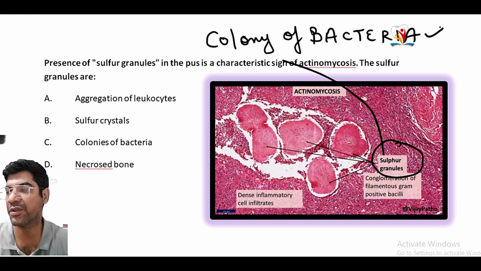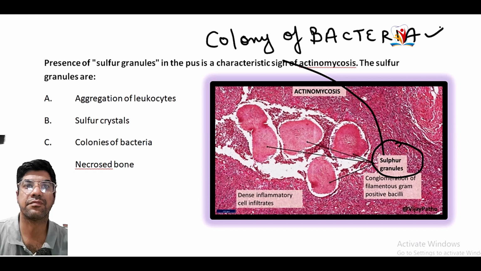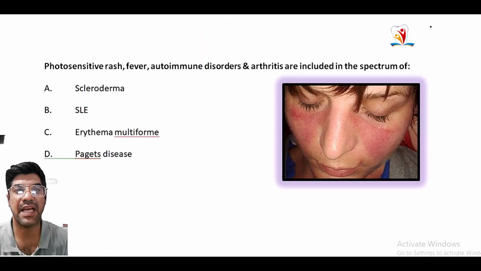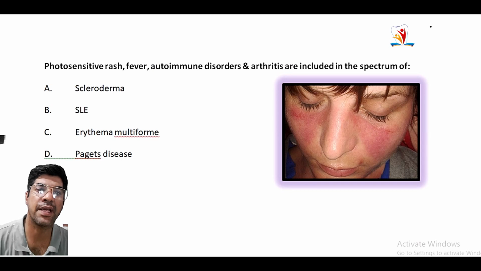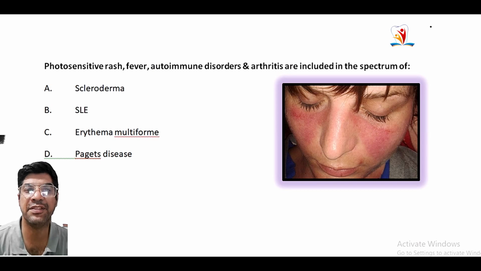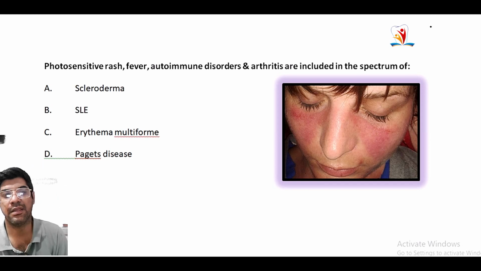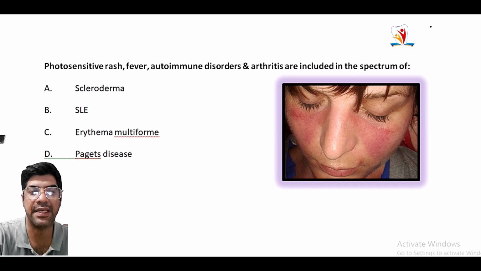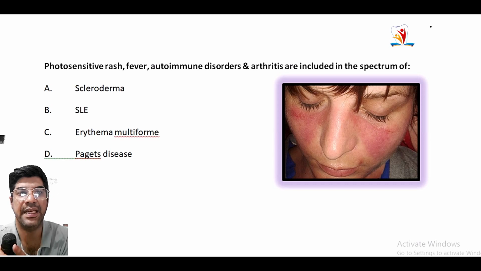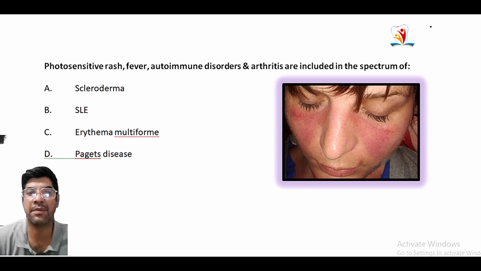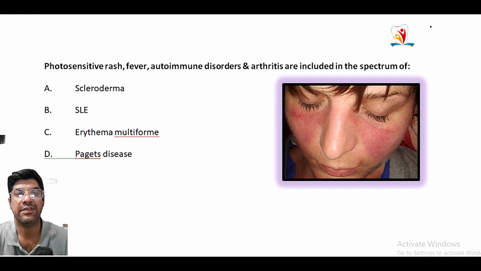Moving to the next question. Photosensitivity, rash, fever, autoimmune disorder and arthritis are included in the spectrum of SLE. So what is SLE?